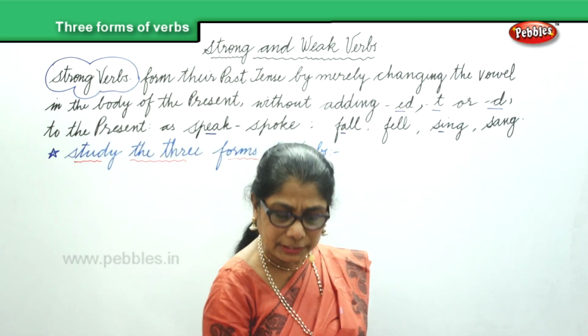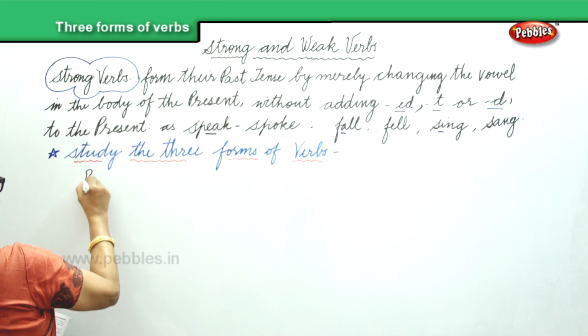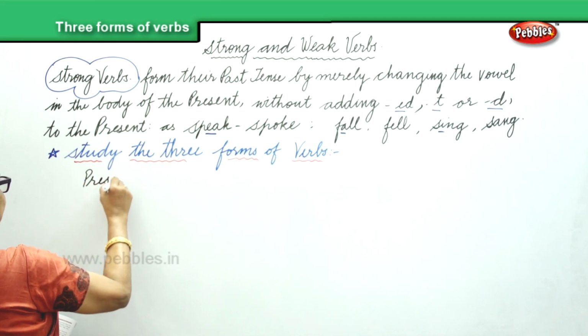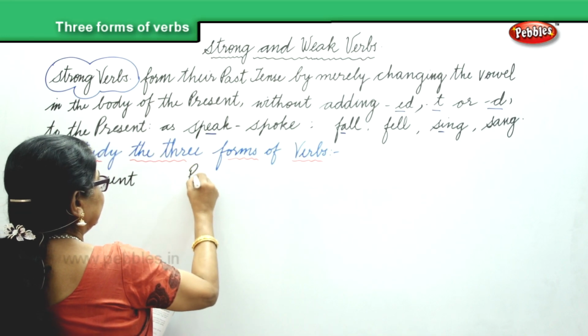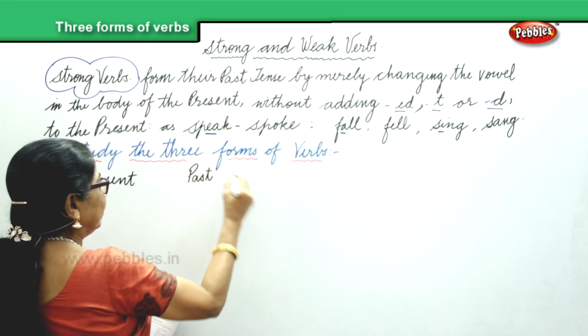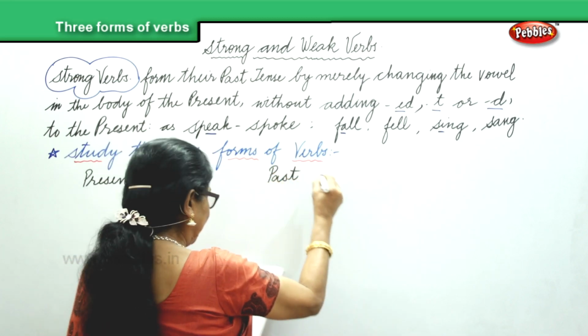The first category is present, and then we have the past, and then we have the past participle.